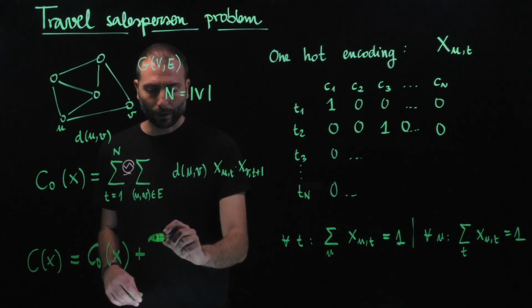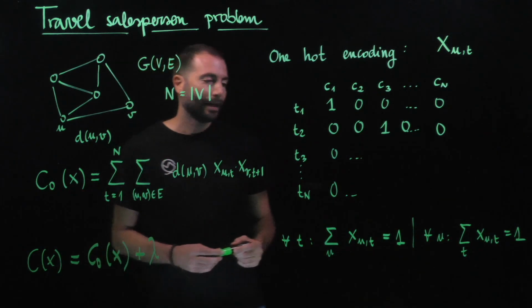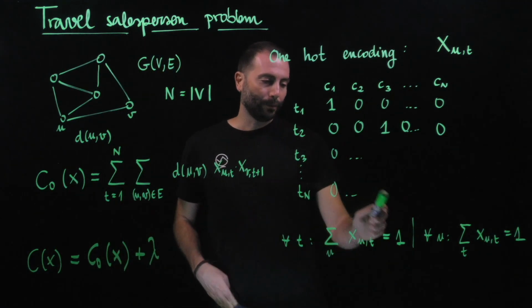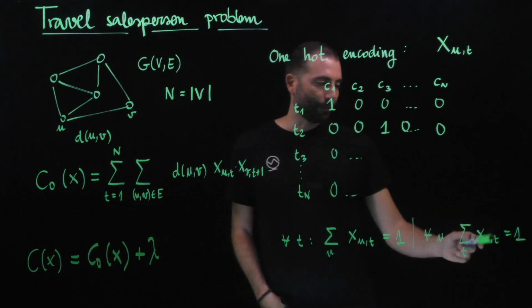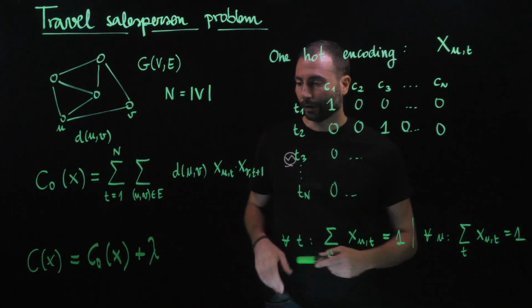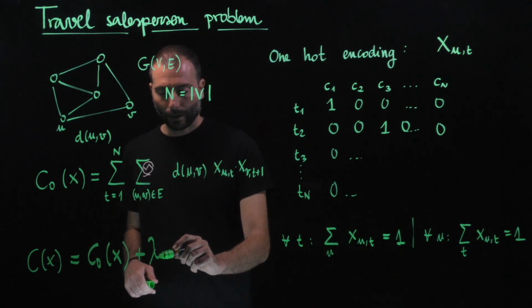Actually, it's n penalization terms to impose this condition here, plus n penalization terms to impose this other condition here. So let's write it in this way.